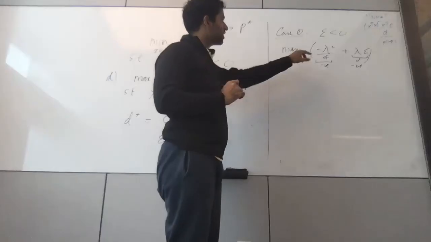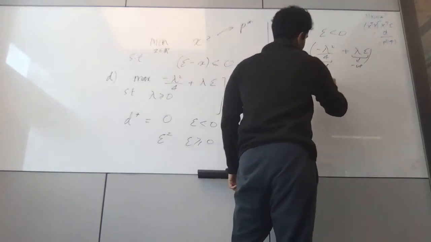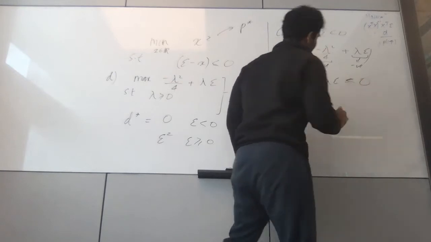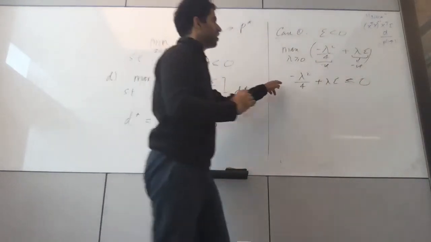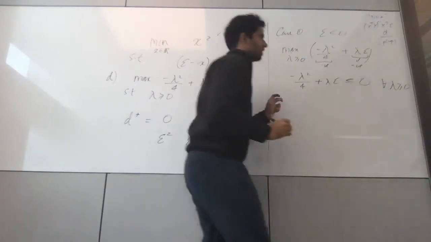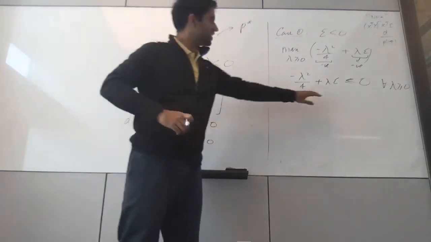Oh, it's less than 0. Yeah, so the sum of two negative numbers is always less than or equal to 0, for all positive lambda. Does this make sense? Yeah.